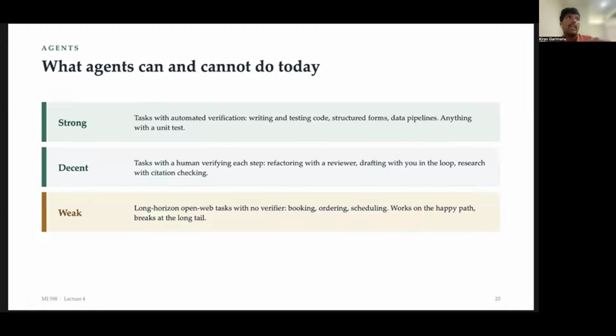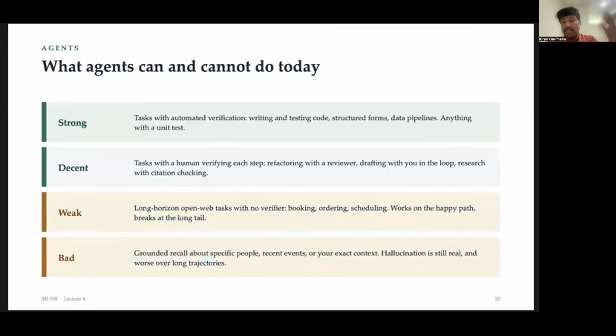If you say, go and book a ticket for the World Cup in 2 months from now, it's not able to do that. It's too much of a general purpose thing that it is not able to solve right now. And this is one of the reasons why robots are not a thing. You just leave a robot in your house, it's not able to perform.